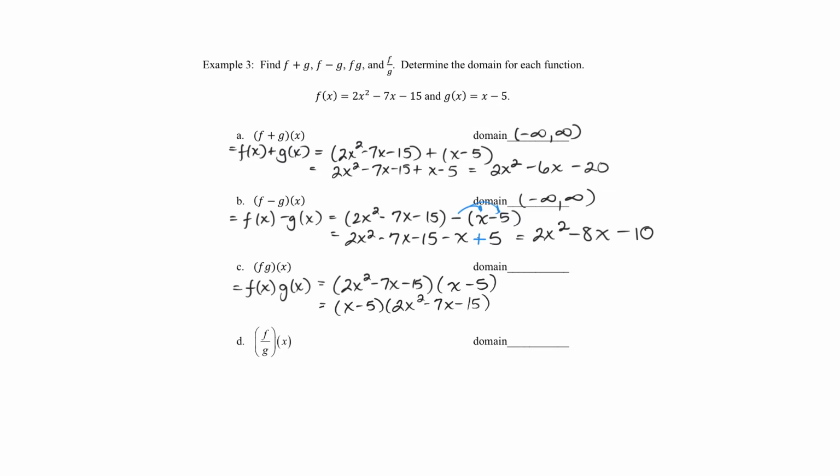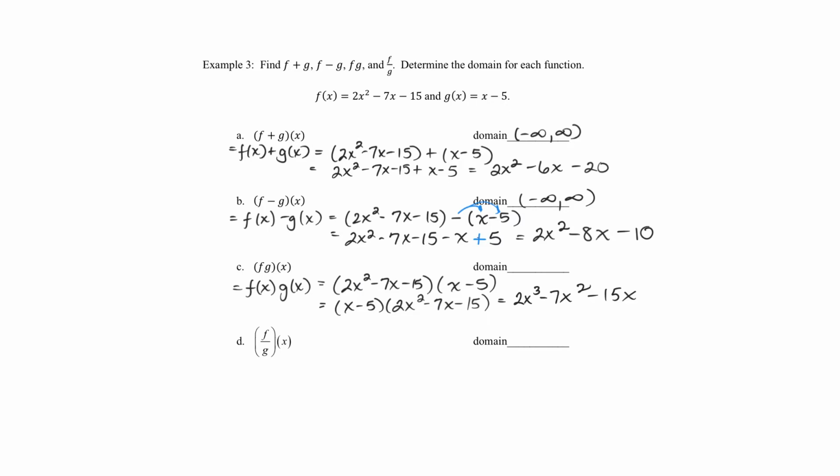Doesn't matter what order I do it in. And now I'm going to think about multiplying each of these terms times x, and then each of these terms times negative 5. So 2x squared times x is 2x cubed. Negative 7x times x is negative 7x squared. Negative 15 times x is minus 15x.